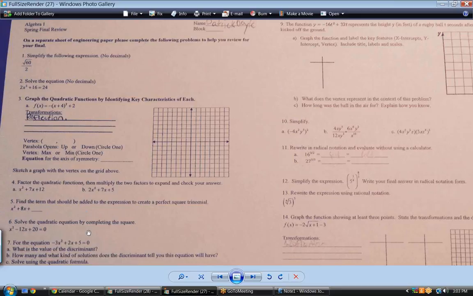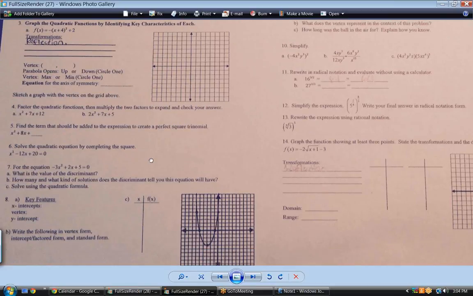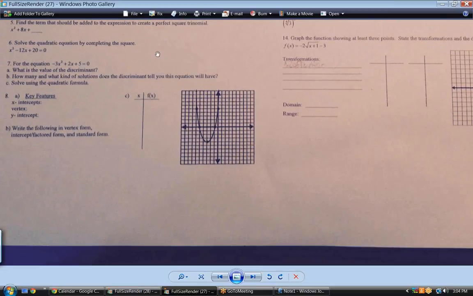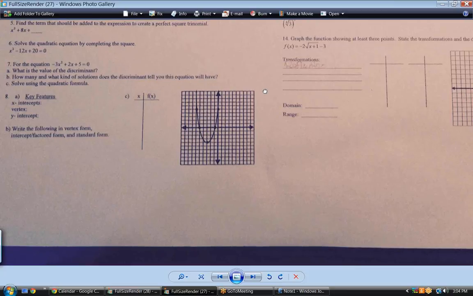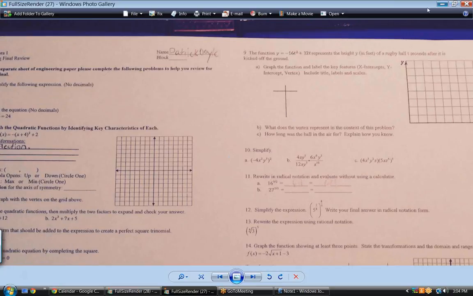Okay, and then I guess we get another quadratic equation. Yeah, 6. Quadratics are big, so is 7. Actually, 8 is graphing them. 8's a quadratic, that's a parabola. 9 is the same thing, it's graphing. Then these are simplifications. 9 is also a quadratic parabola. All quadratics are parabolas.